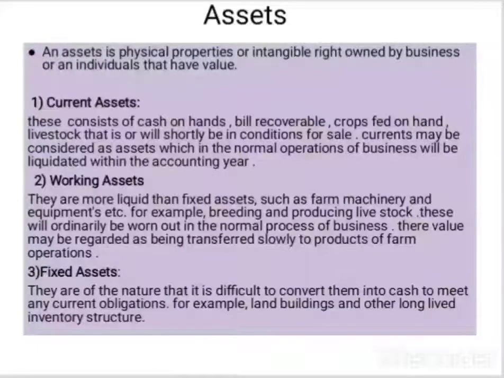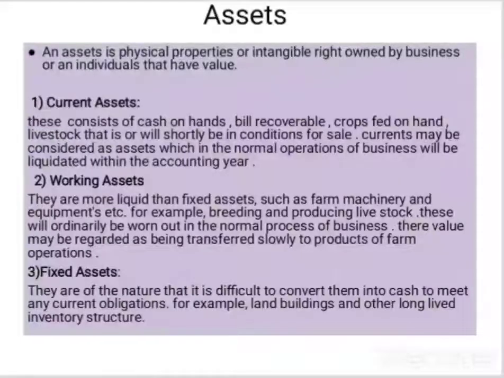Fixed assets are long term assets which are very difficult to convert into cash, like land, because for land we have to find a person who will purchase it. So it takes a long time to convert into cash. If you are in an emergency, you cannot convert land or buildings into cash. But if you have cash at your bank, that is very easy to approach.